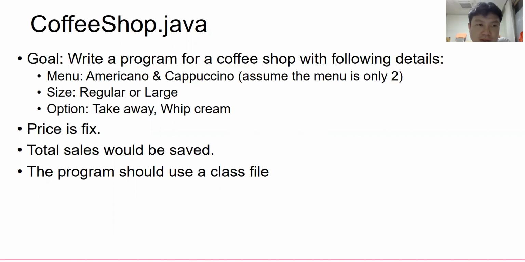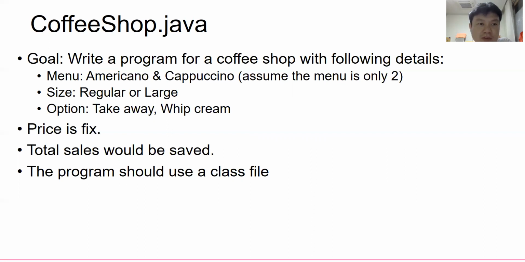And the size will be also only two, regular or large. And there will be an option, takeaway or dine in, and whether you want to put the whipped cream or not. And just for example, the price is fixed and the total sales will be saved.